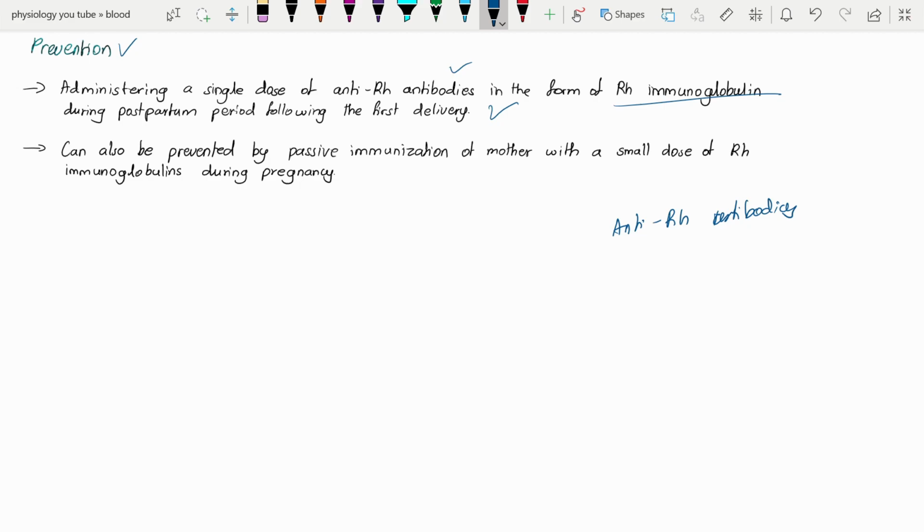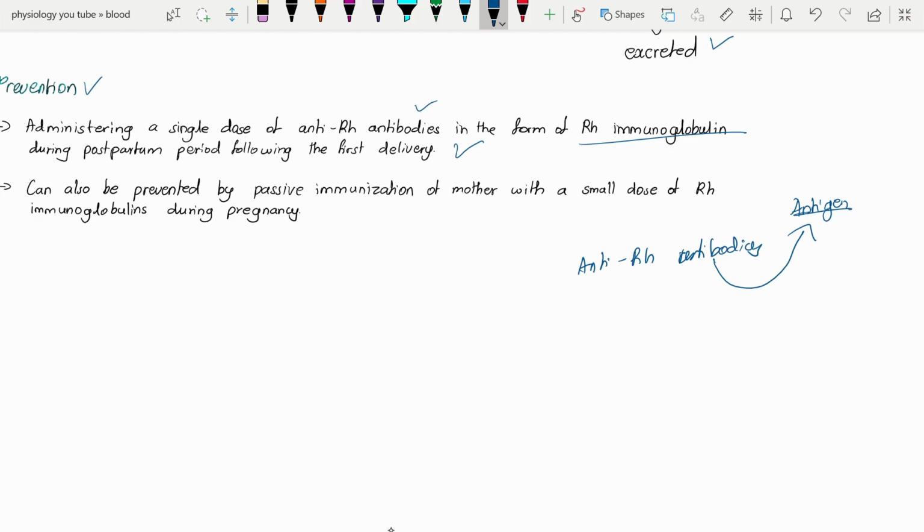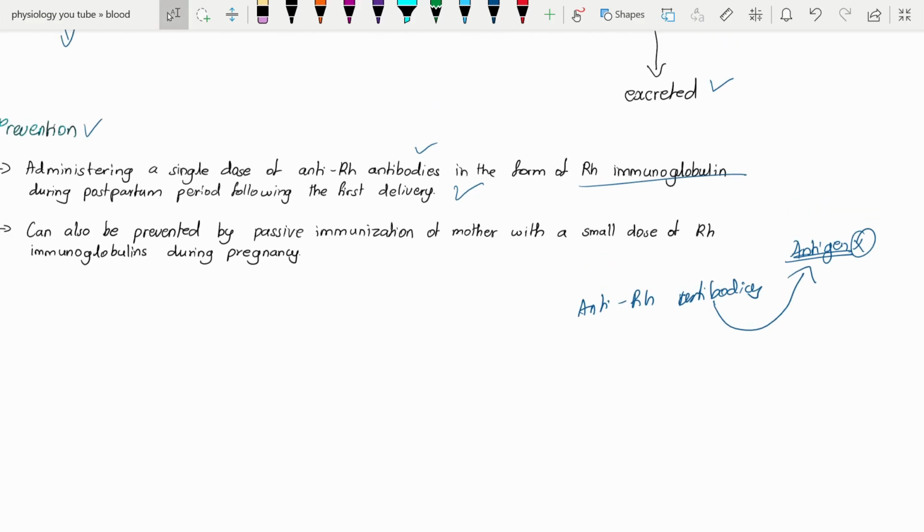As soon as the antigen is exposed in the mother's blood, these will cause the reaction, and these antigens are going to be destroyed. If they are destroyed earlier, then there won't be any production of antibodies due to memory.